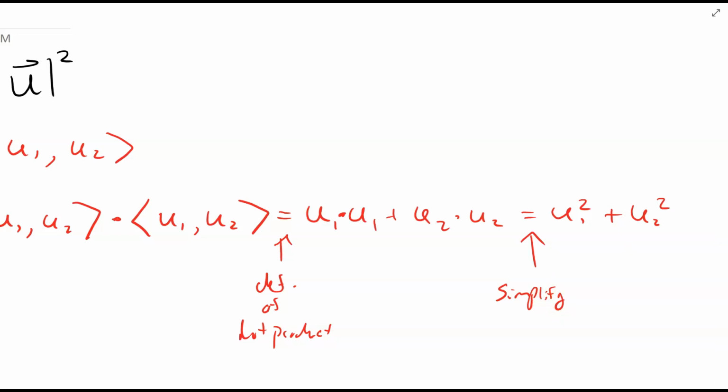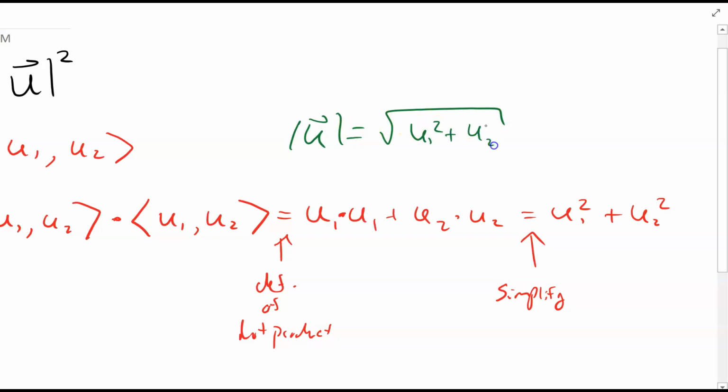Now, to explain what I'm going to do next, remember the formula for magnitude is this, right? Everybody agree with that? So magnitude squared would be this thing squared, right? What happens when I square a square root?